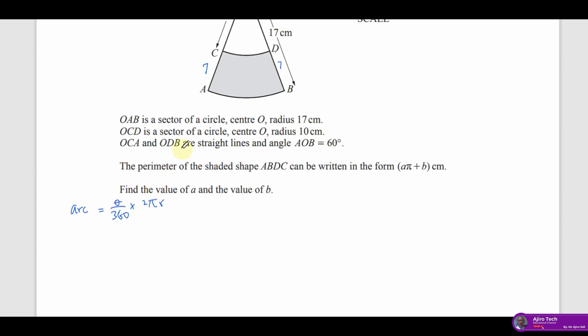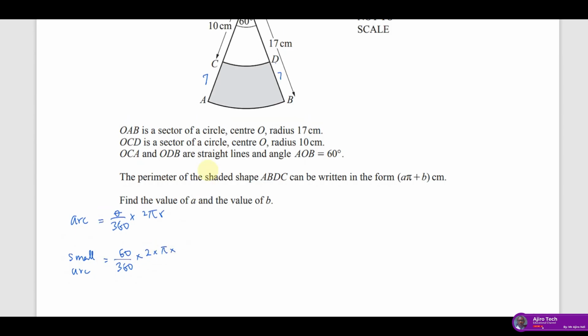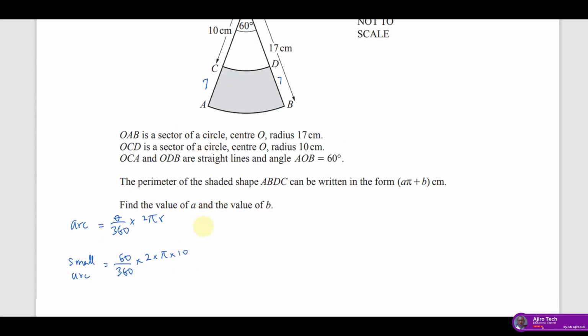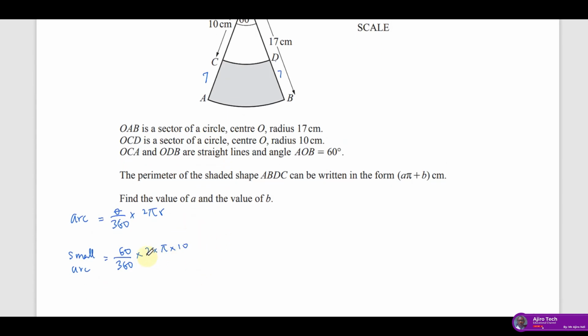So, for the small arc, the angle is 60 over 360 times 2 times pi times the radius, which is 10. You end up getting 10 pi over 3. Let me write it here, 10 pi over 3.